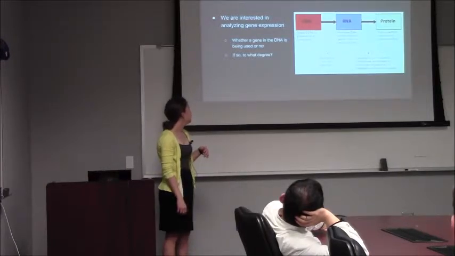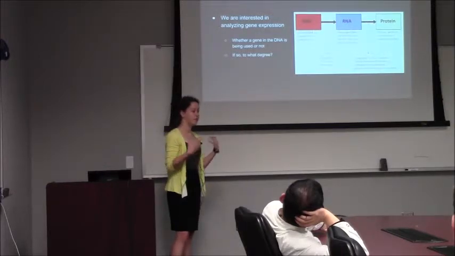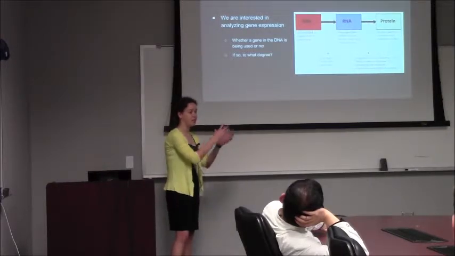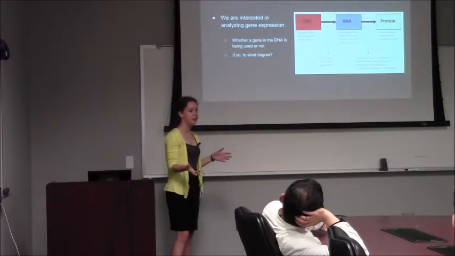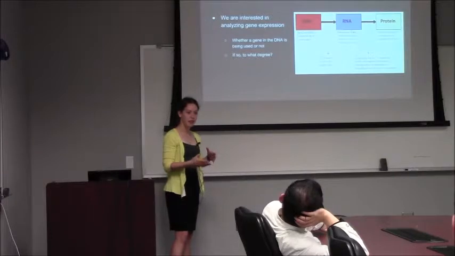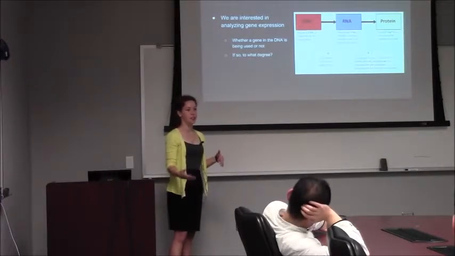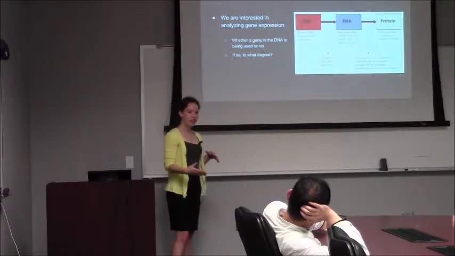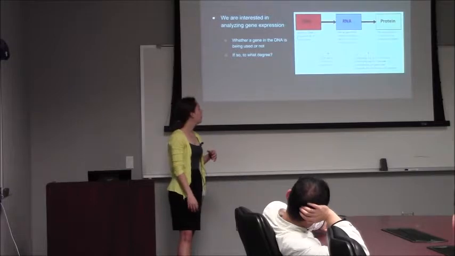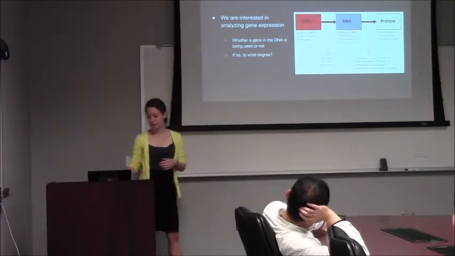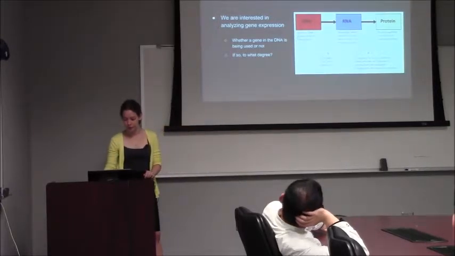And we can answer questions such as, is such and such gene being used at all? Is it being expressed? And if it is, we can try and figure out to what extent this gene is being used. Is it being copied over and over and over again, which might suggest that it's important, or is it not being used very much at all?